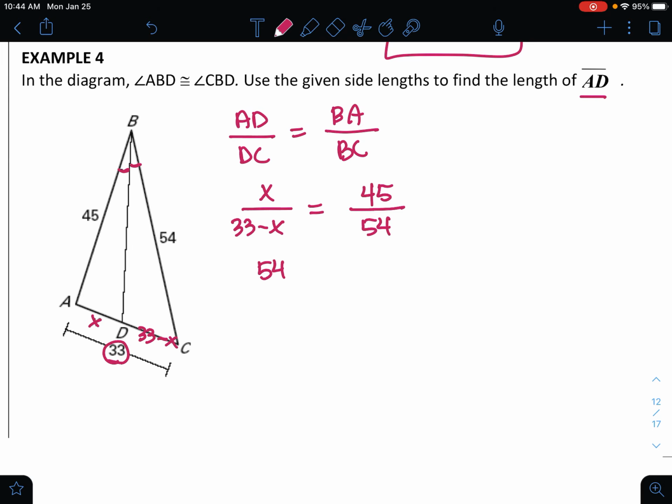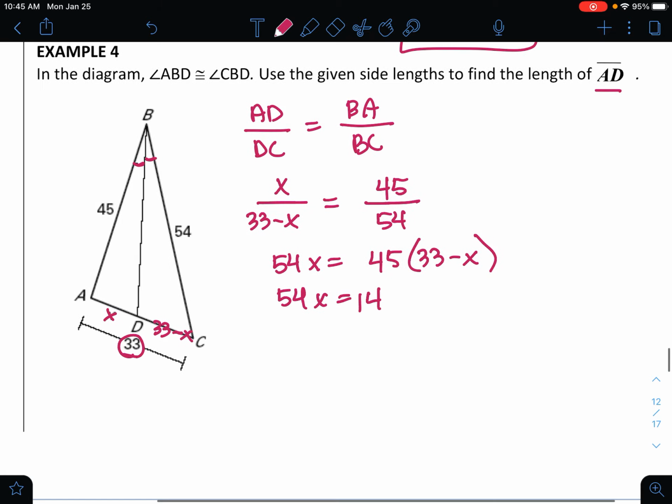All right, cross multiply. So I'm going to have 54X equals... the other one, I'm going to start out as 45 times 33 minus X. And I'm going to do parentheses because I need to multiply 45 by both parts. 54X equals. So 45 times 33 is 1485, minus 45X.